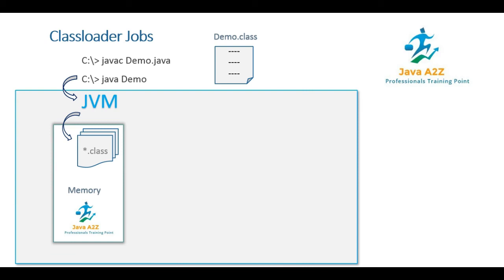There are a number of classes, because a source code has lots of files, lots of programs. But you requested the demo class only. So firstly, when you enter this, the JVM checks inside the memory area. How will it check?